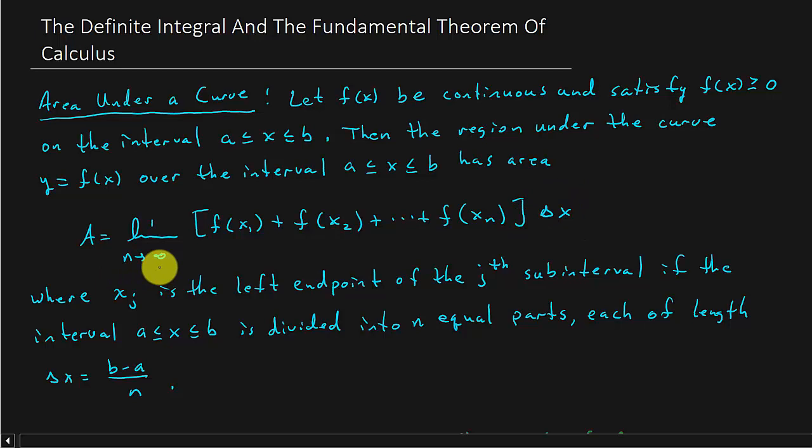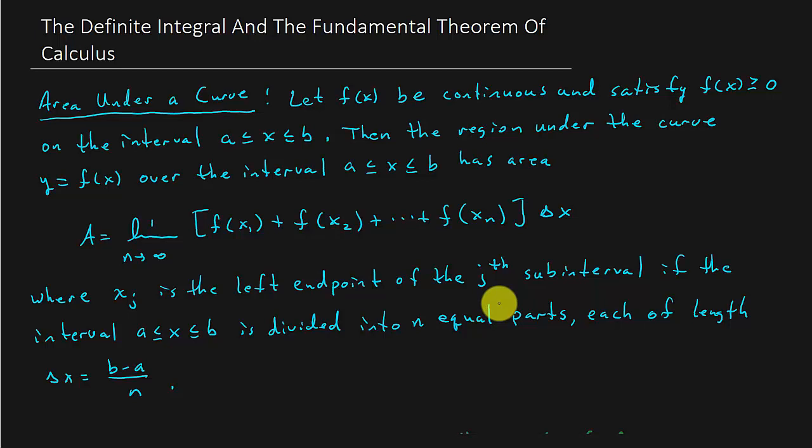And we do that as n goes to infinity, where x sub j is the left endpoint of the jth subinterval if the interval a to b is divided into n equal parts, each of length delta x. Delta x equals b minus a over n.